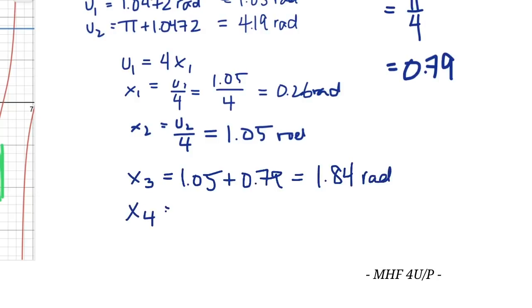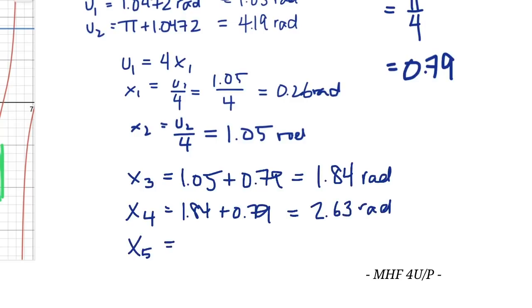Then we can keep going. x4 is going to be 1.84 plus 0.79, another period. It should come up to 2.63 radians. Continuing on, we have a fifth solution.